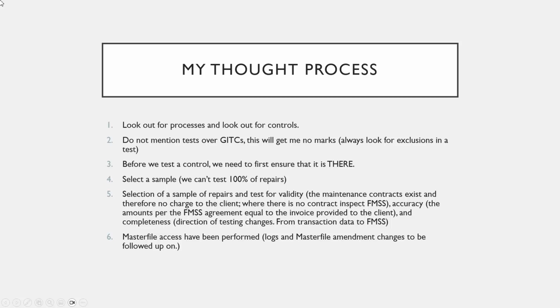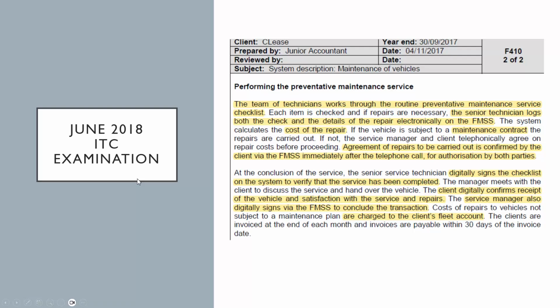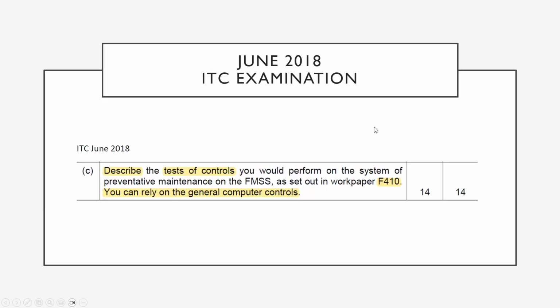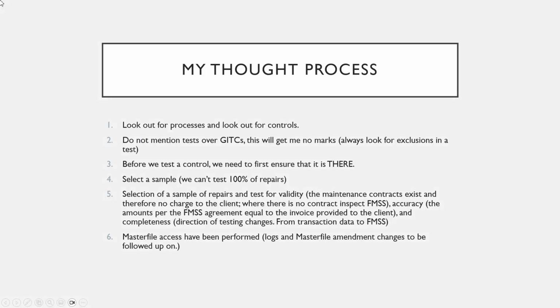So 1, I'd go inquire with the service technician or the service manager, or I'd go back to the question actually. I'd go and inquire from the senior technician who actually logs the check and the details of the repair on FMSS. So who logs it when they're not there? Because they are the start to the process.